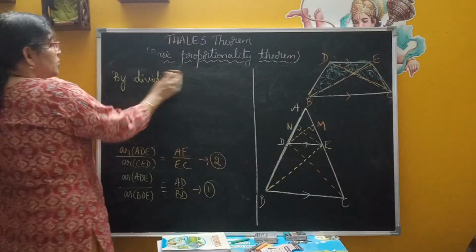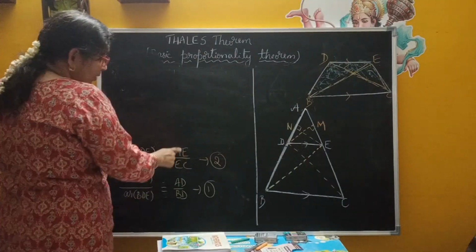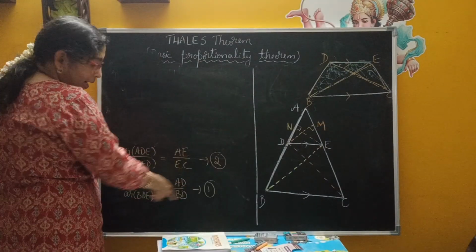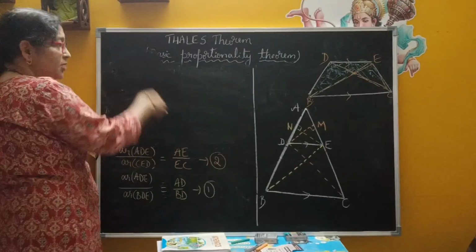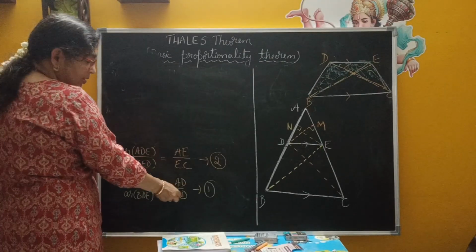So 1 divided by 1 is equal to what? AE by EC by AD by BD. So when you transpose, this equals this.